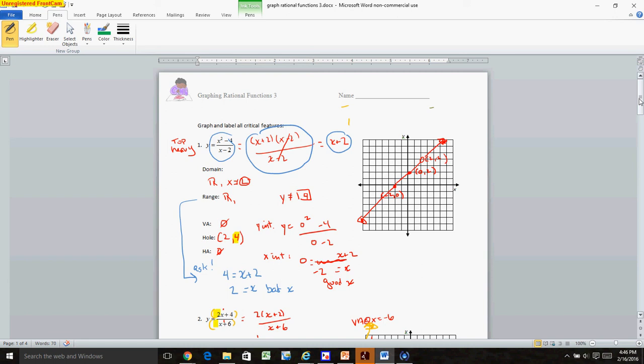That might be on the quiz as well as graphing and labeling. Don't forget, for graphing and labeling you need to do all important pieces, right? Vertical asymptotes, horizontal asymptotes, holes, x-intercepts, y-intercepts, increasing, decreasing, function continuous, one-to-one, max and mins, local and absolute, right? Alright, I will see you tomorrow.